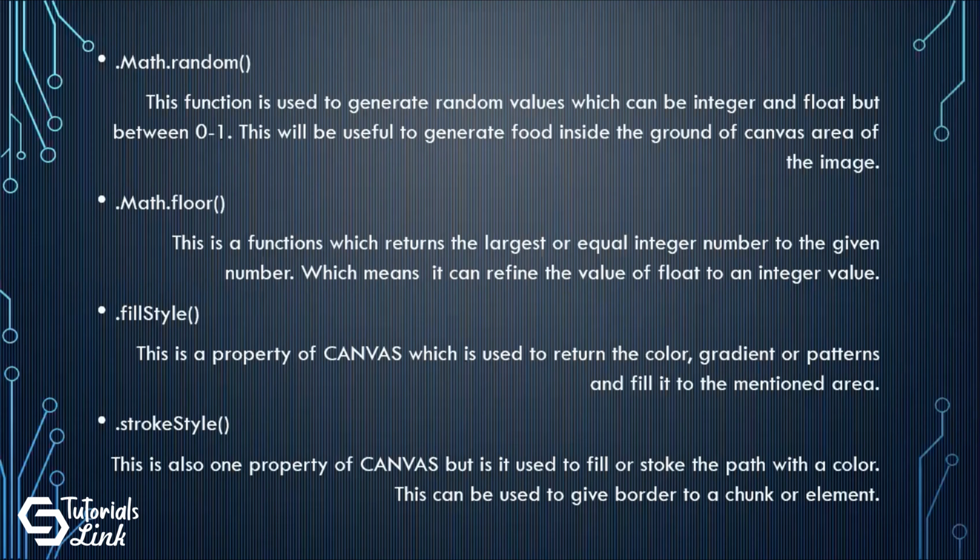The next is fillStyle, and last is strokeStyle. These are some properties used in Canvas. The first is a property of Canvas which is used to return the color, gradient, or pattern and fill the mentioned area. And the last is also a property of Canvas, but it is used to fill or stroke the path with a color. So what is the difference between them? The main and key difference is that when we are using fillStyle, it will cover the whole mentioned area where you want to put your color or gradient or pattern.